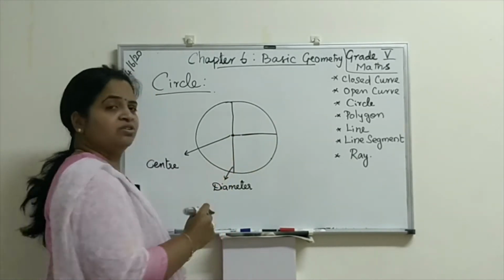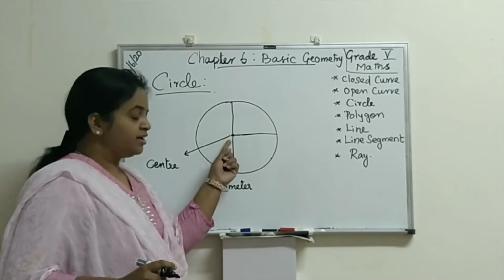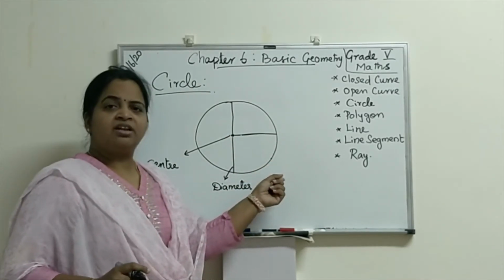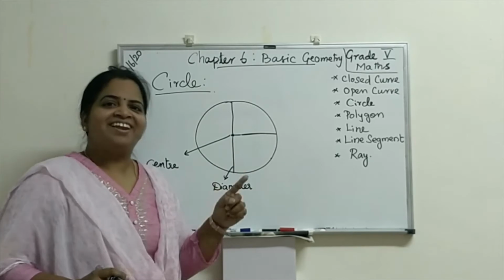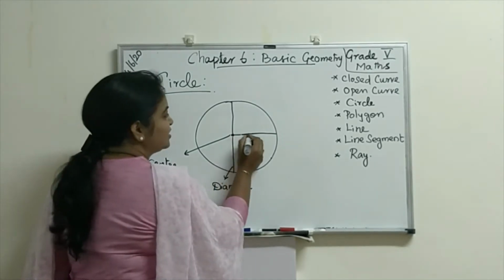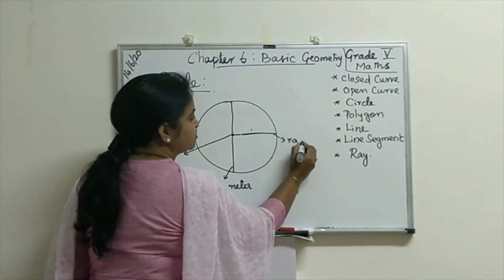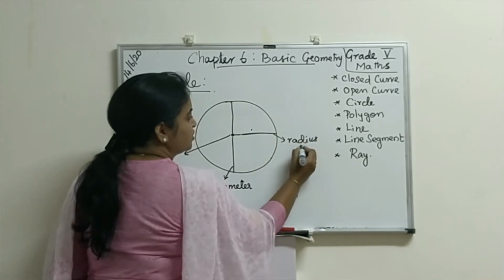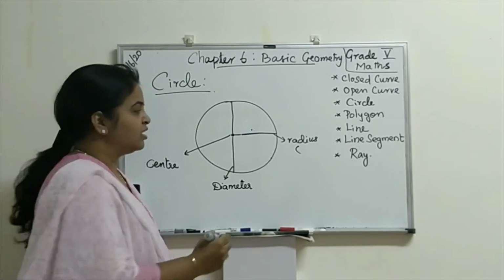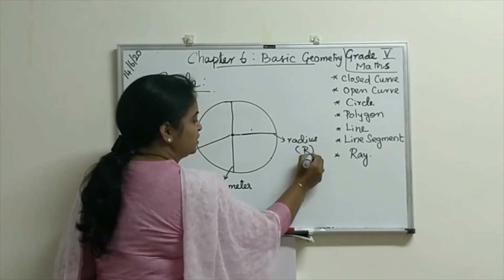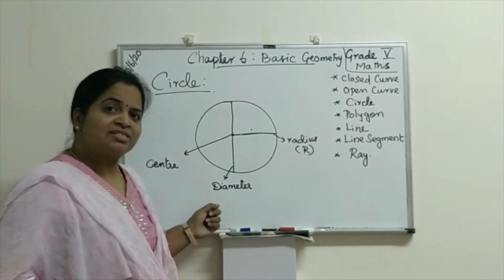Then half of the diameter, see this one, the line which joins the center and a point on the circle is called radius. See, this is called radius. Radius, how will you represent? R. Diameter, how will you represent?